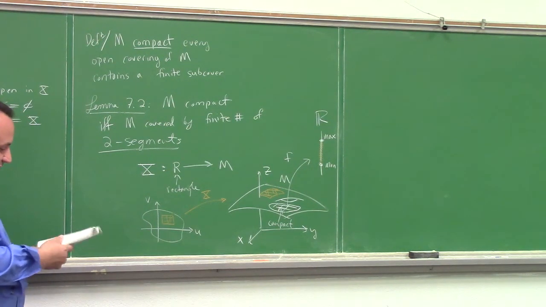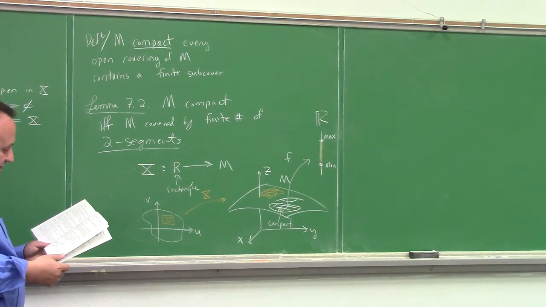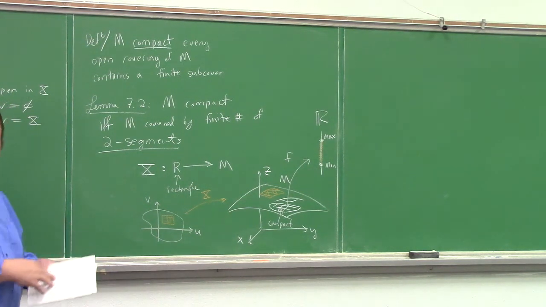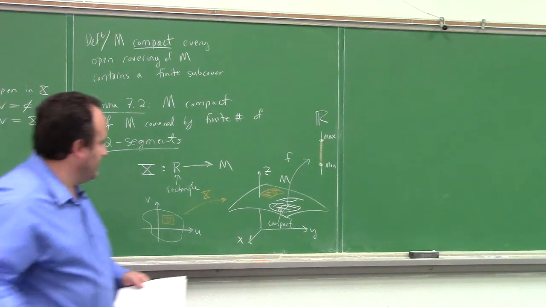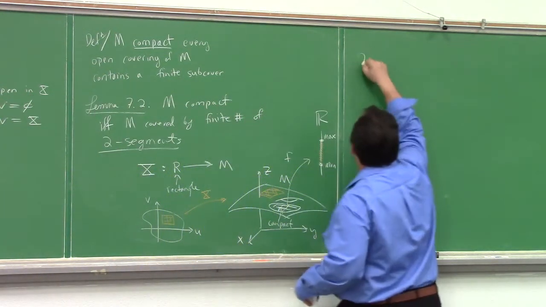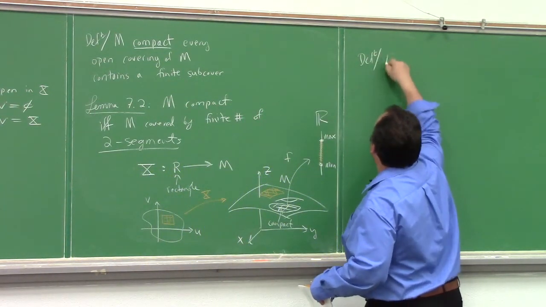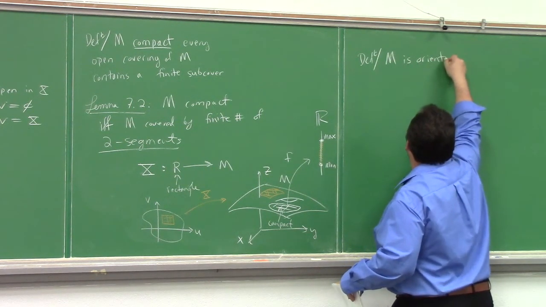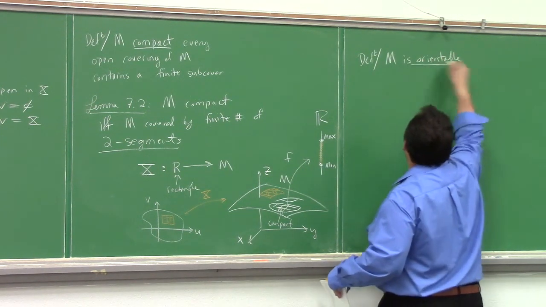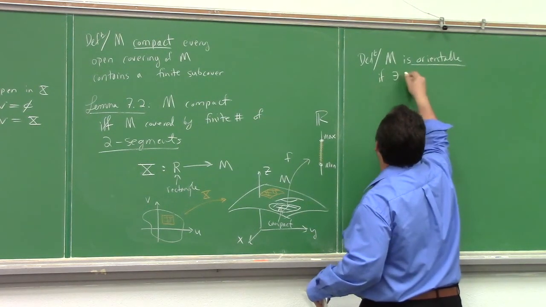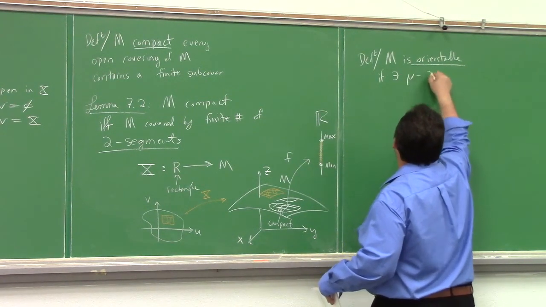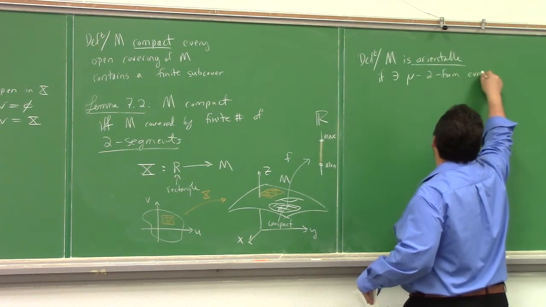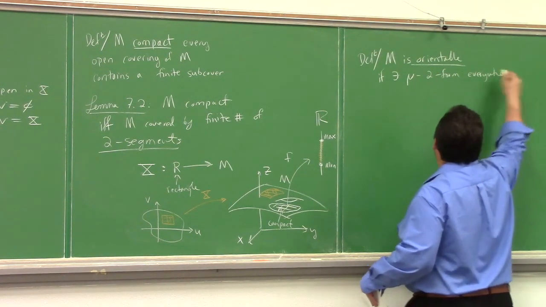A surface is orientable if there exists a differentiable 2-form that's non-zero at every point of M. M is orientable if there exists mu, a 2-form, everywhere non-zero on M.